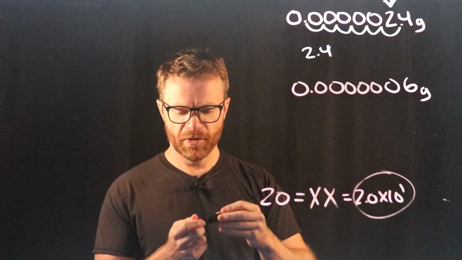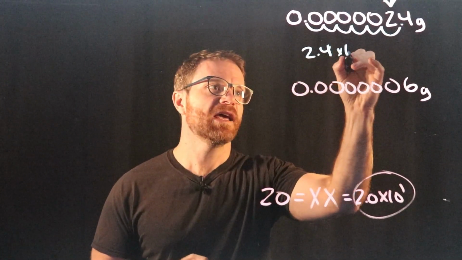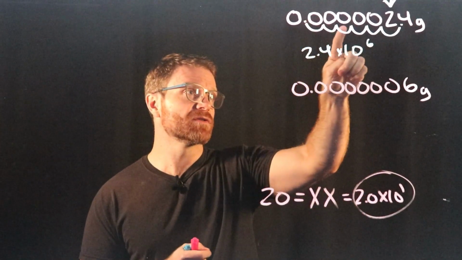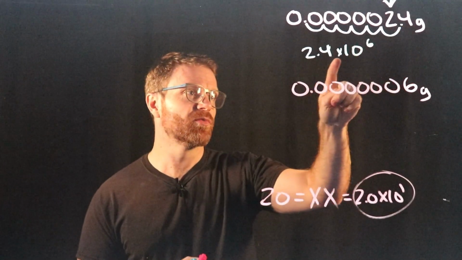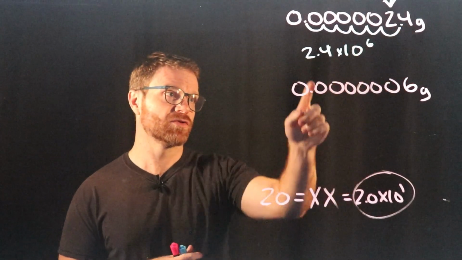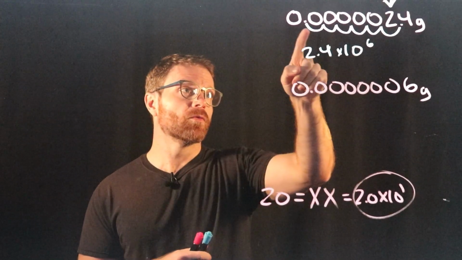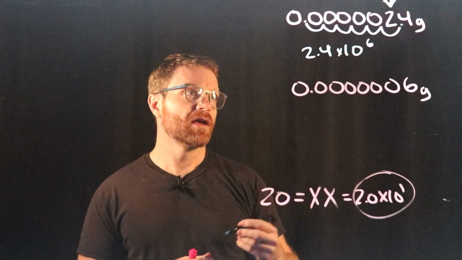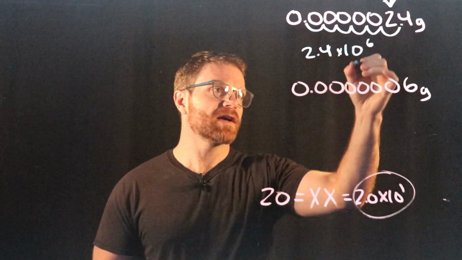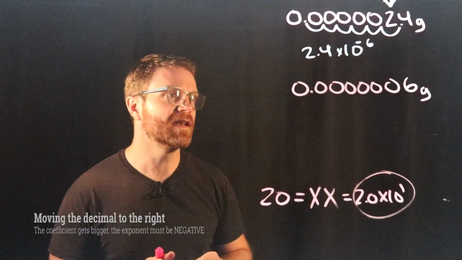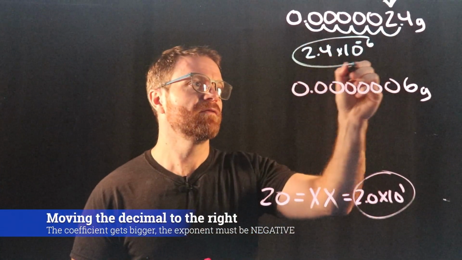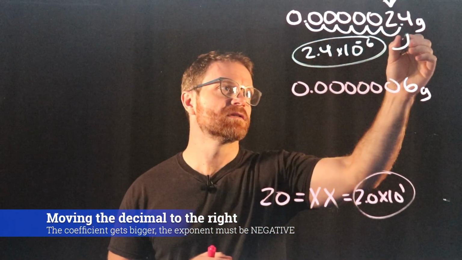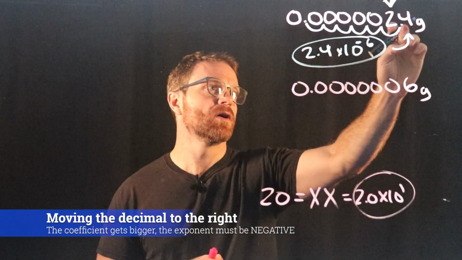So this is going to be 2.4 times 10 to the 6th, although I think I just screwed up, because 0.000024 is not the same as 2.4 times 10 to the 6th, or 2.4 million. And so when you're dealing with these zeros that are in front of the first non-zero digit, you actually have to use a negative exponent. So this is 2.4 times 10 to the negative 6. This value in scientific notation, 2.4 times 10 to the negative 6, is exactly equal to this value, 0.000024.